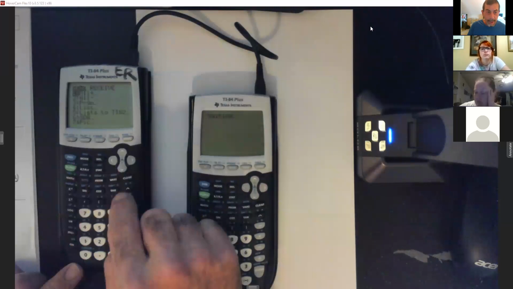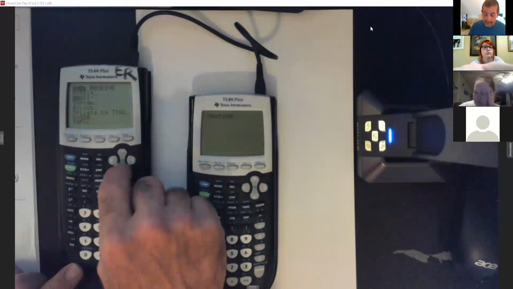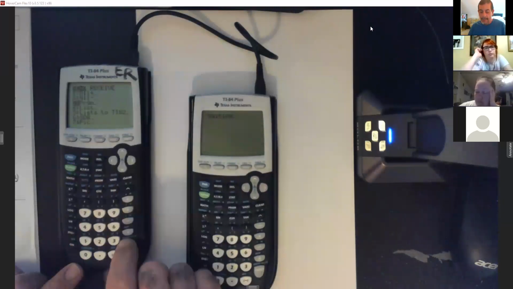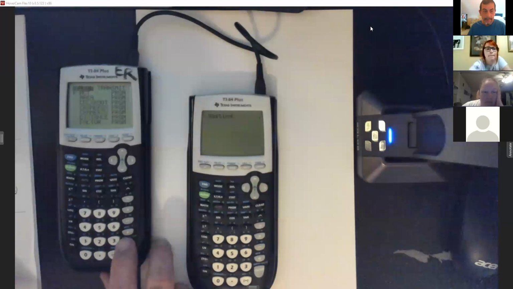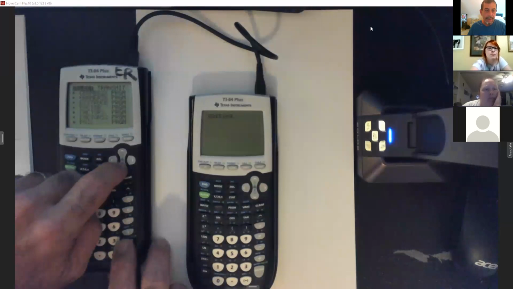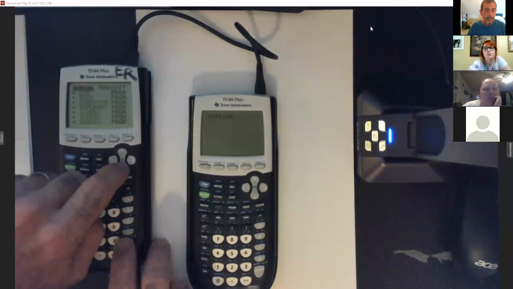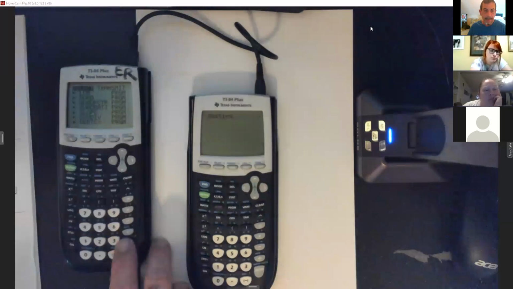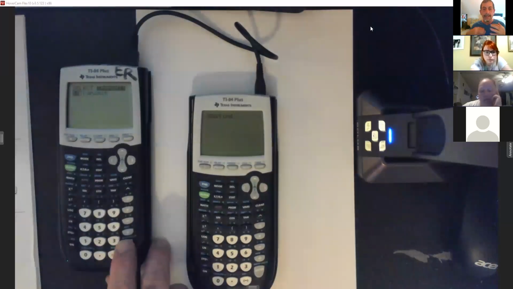And I'm going to go to program and hit enter. And then you go through and highlight all the programs you want to put in. So I'll just go through, highlight all my programs. Once I've highlighted all the programs, I go to transmit on the top, hit enter, and then it's going to send them right in there.